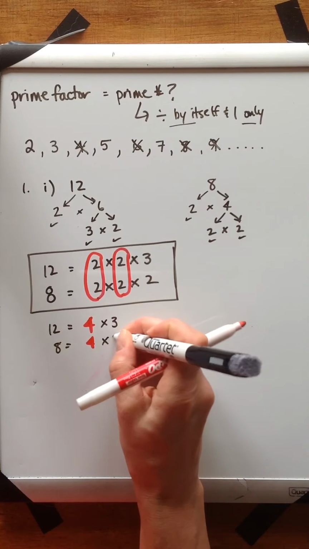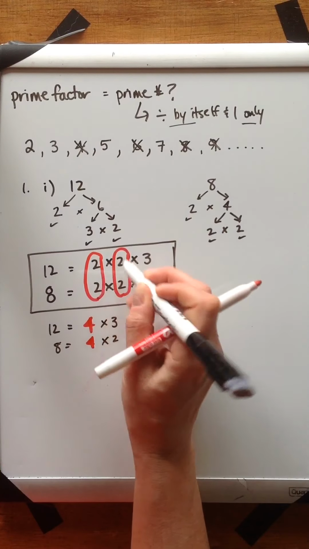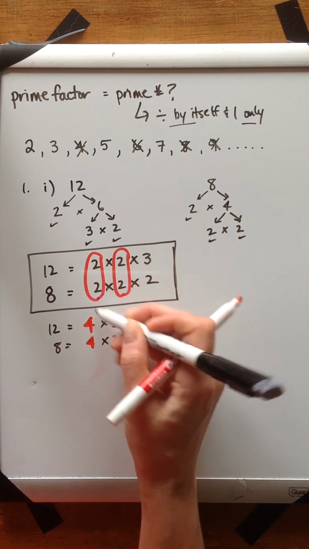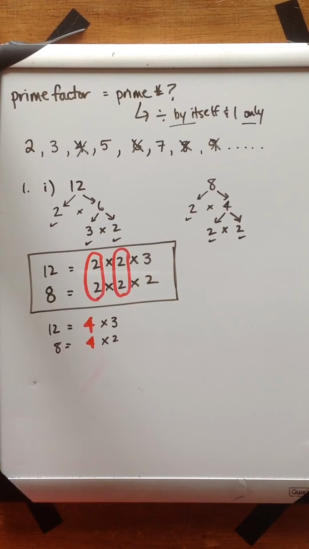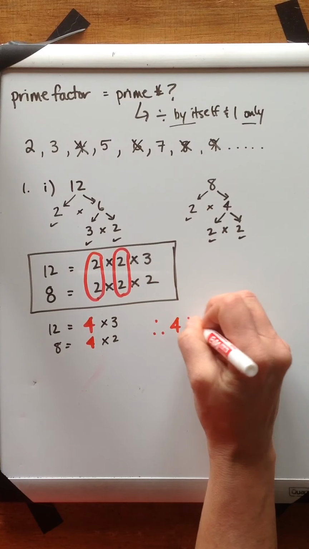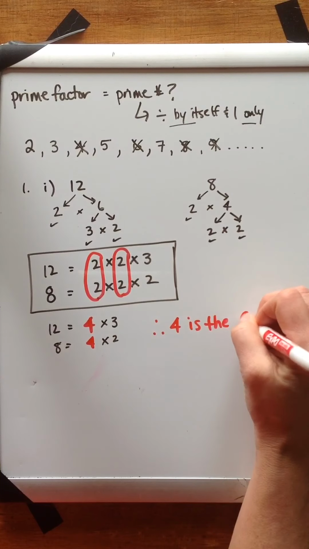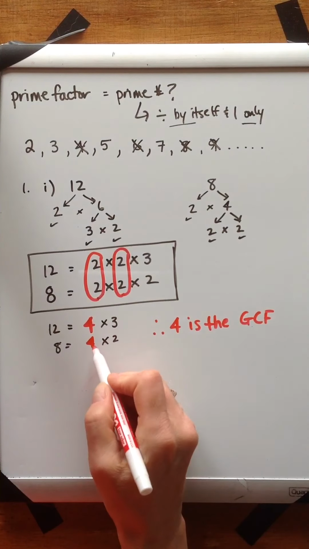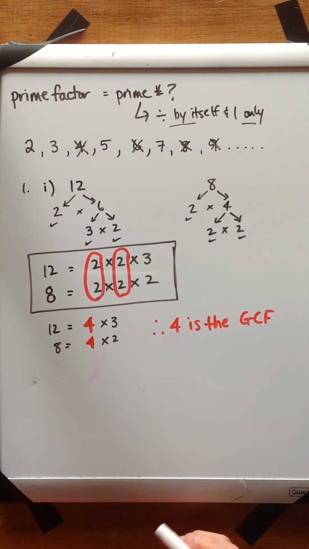And when we put all of these prime factors together that they have in common, like we see in the red here, 4 is considered to be the greatest common factor, or GCF for short. It's the biggest number that divides into both 12 and 8.